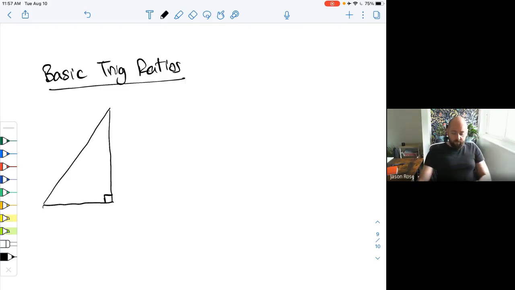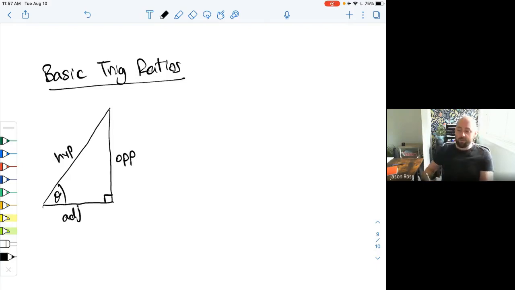So I'm going to put my angle theta back in here. This is going to be the side that is adjacent to theta. This is opposite to theta, and this side, of course, will be the hypotenuse. It's the one that's directly across from the right angle.